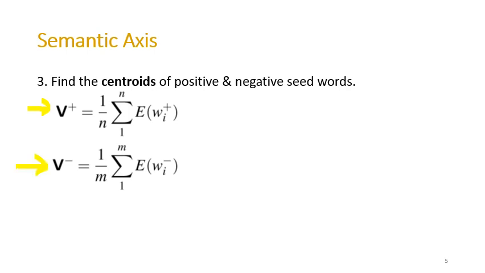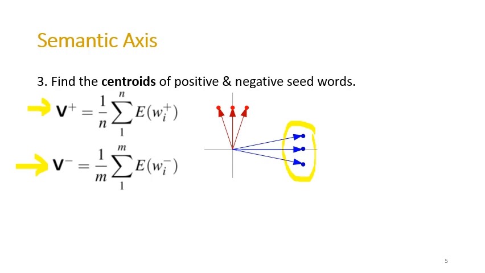Let's take an example here. Suppose you have 3 positive words, and each of these arrows is the embedding vector for each of those positive seed words. And then you also have 3 negative seed words, each represented by an arrow as the vector of the word embedding of each word. Now, centroid simply means you really find the average of these embeddings.